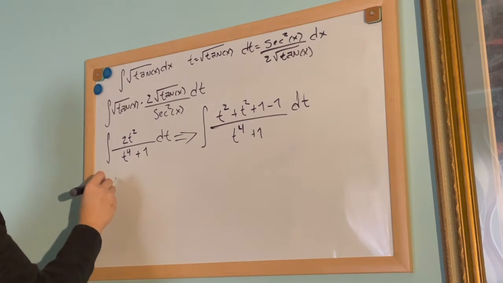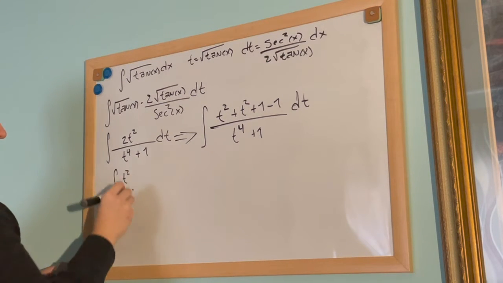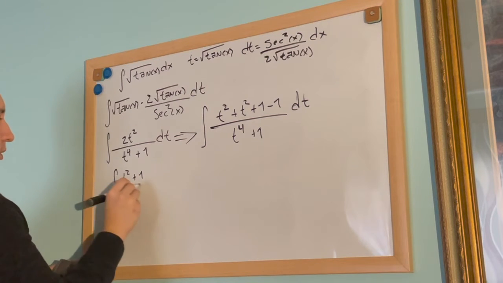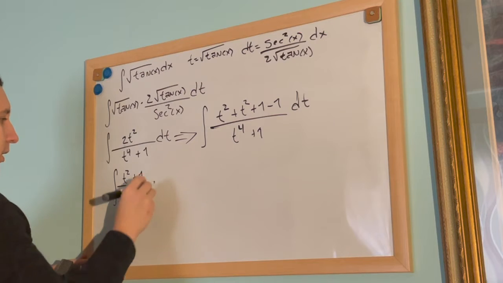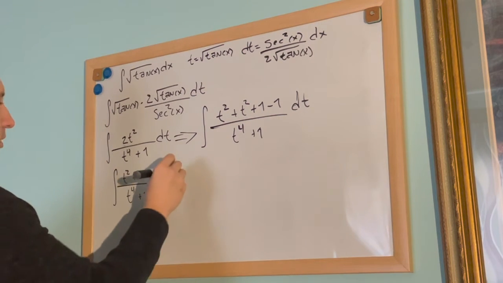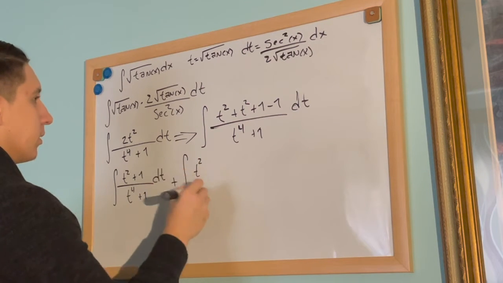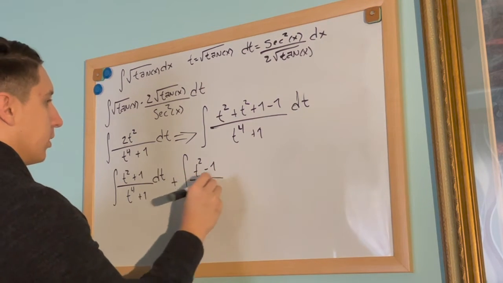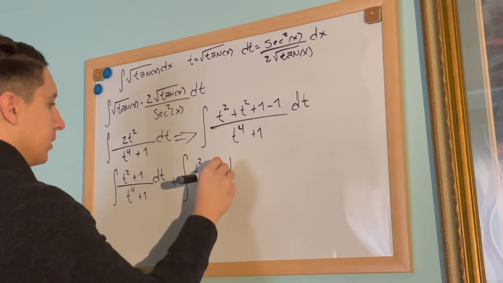So we can write this integral as t squared plus 1 all over t to the fourth plus 1 dt. And then we can add that to the t squared minus 1 all over t to the fourth plus 1 dt.